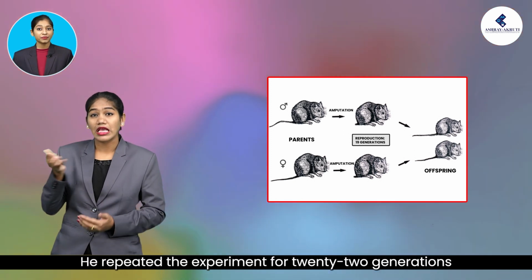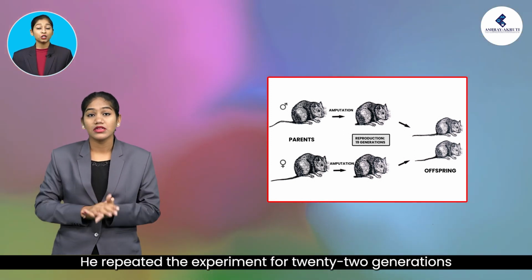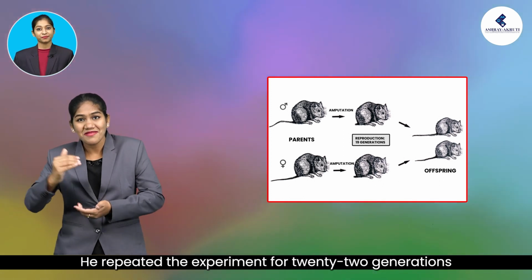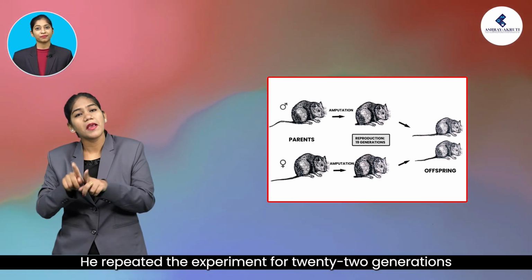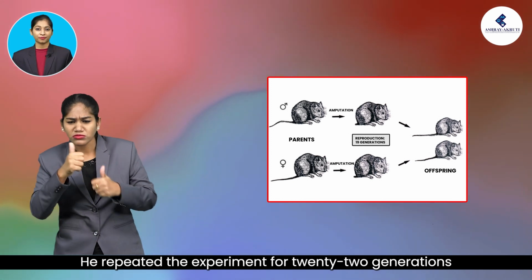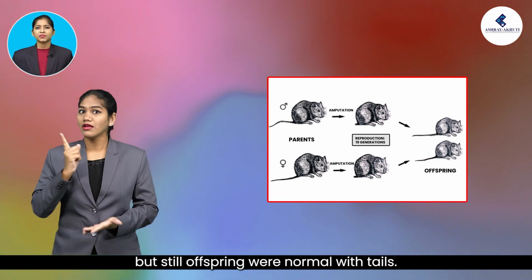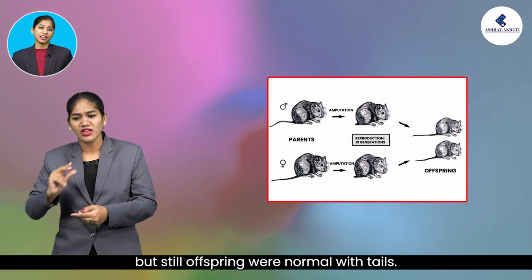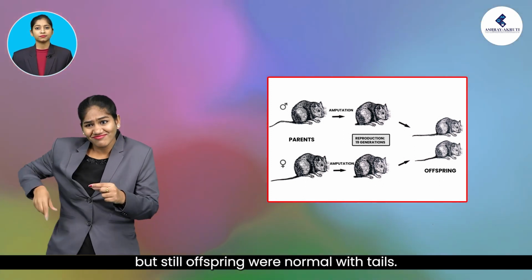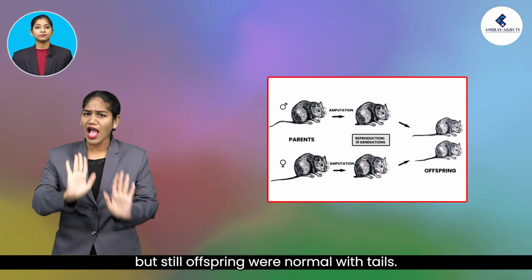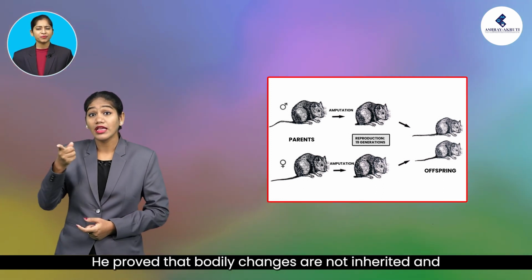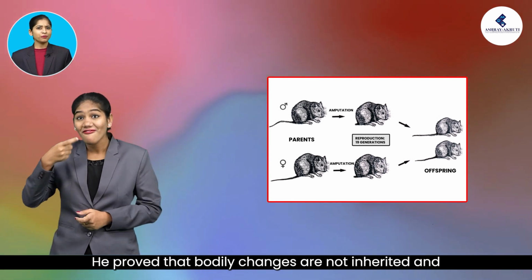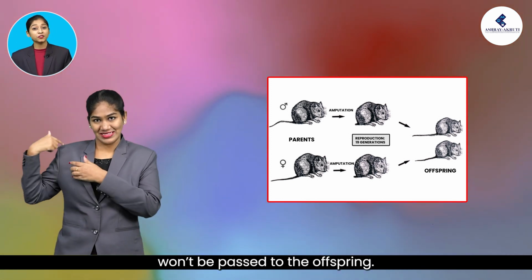He repeated the experiment for 22 generations, but still, offspring were normal with tails. He proved that bodily changes are not inherited and won't be passed to the offspring.